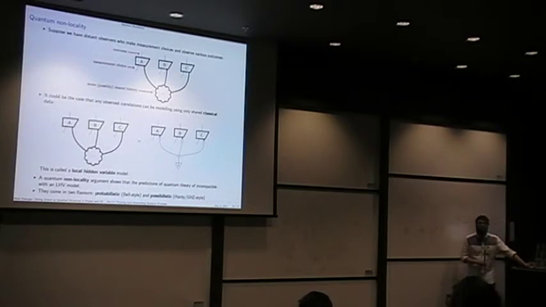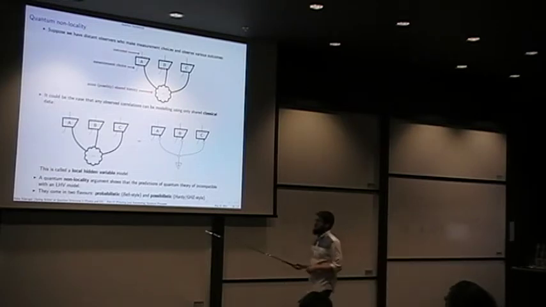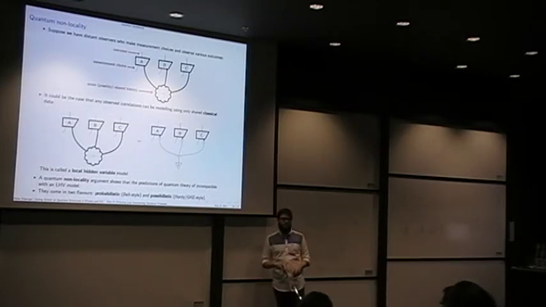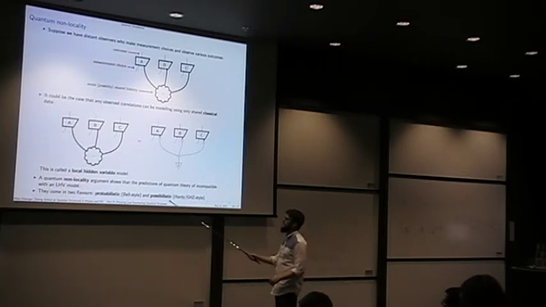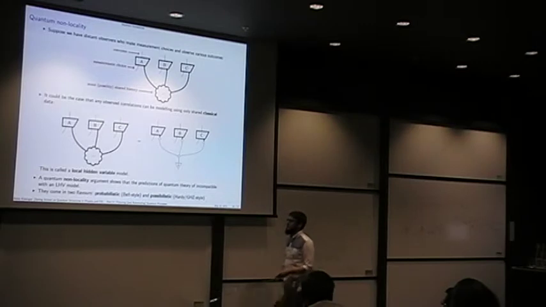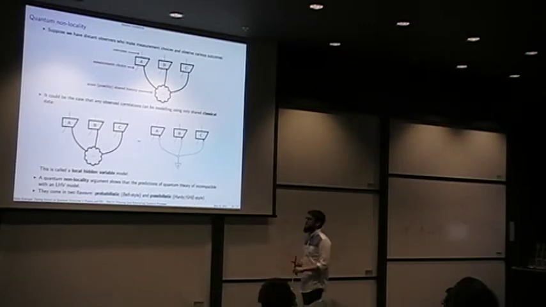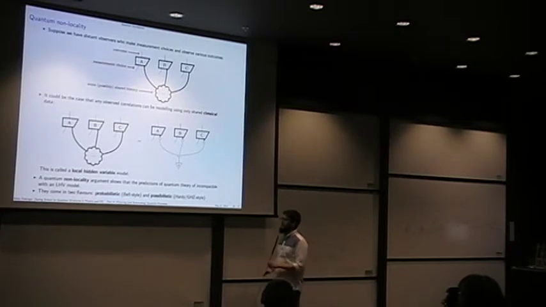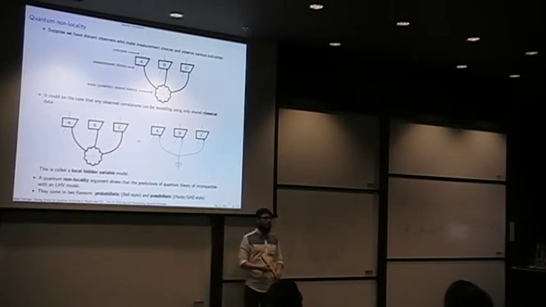And they come in two flavors. You have this probabilistic flavor, which is the Bell style, where you violate some sort of inequality. You also have what are called possibilistic non-locality arguments. So this is like Hardy's paradox, or what I'm going to talk about is the GHZ paradox. And these split into two subcategories. You have strong and weak.